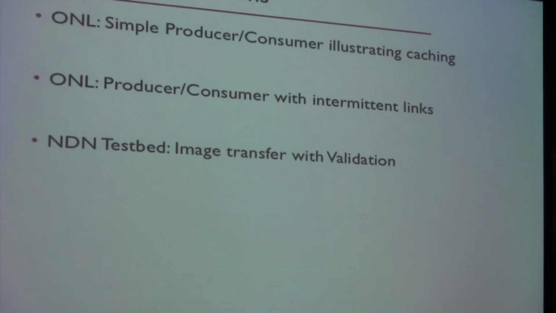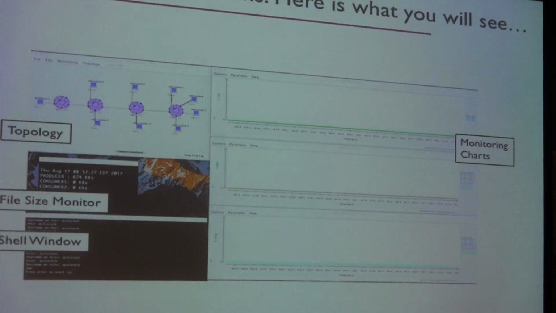The second one's going to be a slightly more complicated producer-consumer example that's going to introduce intermittent links, and we'll see data being transferred even with intermittent links. And then the third, on the NDN testbed, we'll do an image transfer with validation. So we'll show what happens if consumers get data that they cannot validate who the publisher was. And we'll show that in operation.